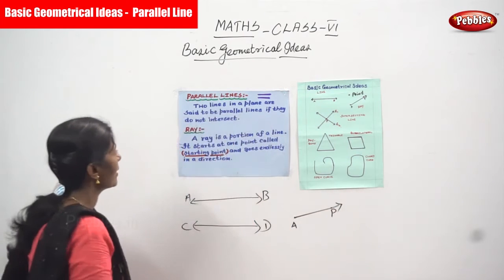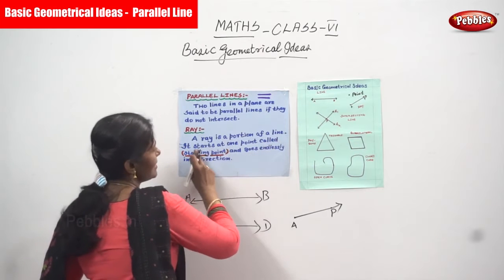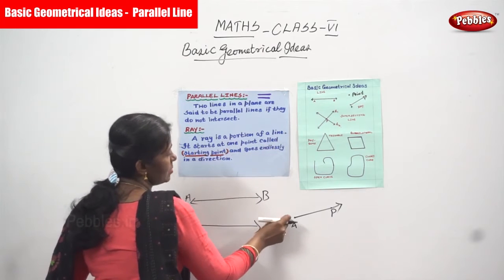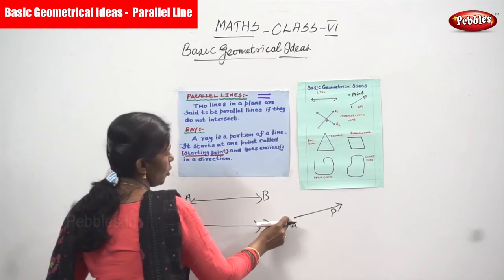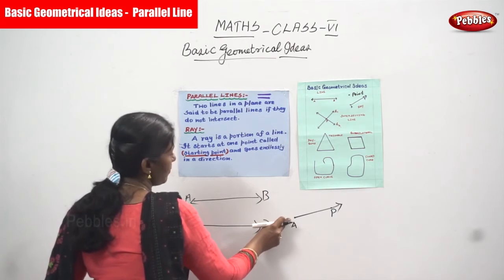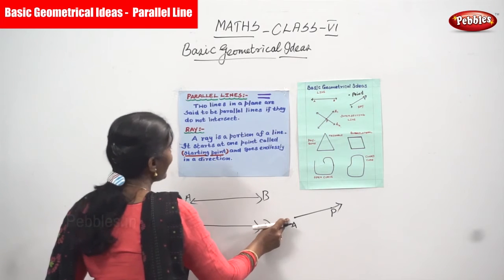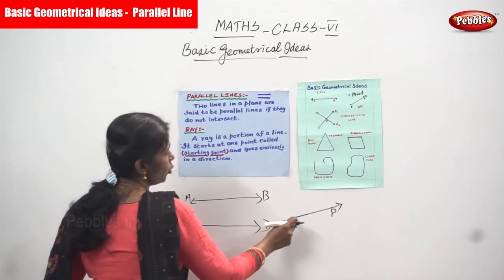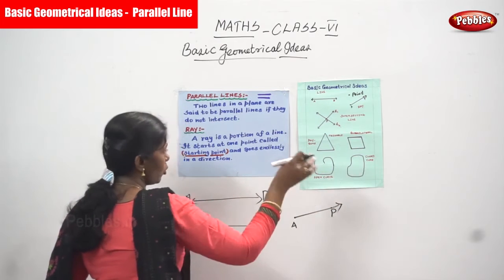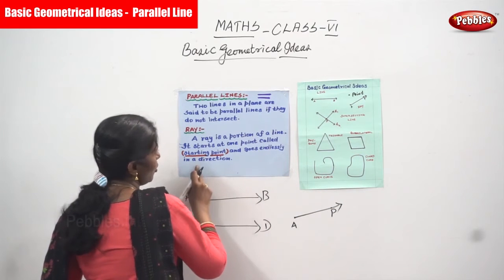It starts at one point, called A, and this is called the starting point, and it goes endlessly. It keeps going in a particular direction. It is called a ray.